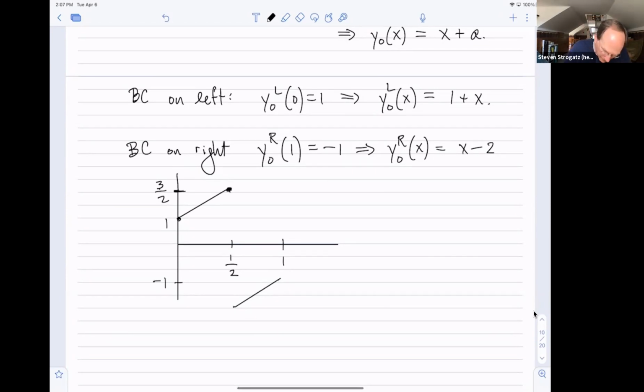This point will be, when you calculate it, -3/2. And then I have some kind of inner region that's going to be a capital Y to join these to match.